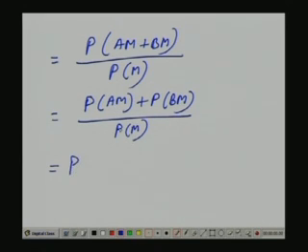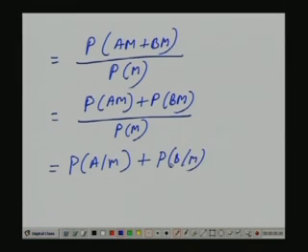That is, by our definition of conditional probability, nothing but P(A|M), and what is P(B ∩ M) by P(M)? Similarly, P(B|M). So, again axiom number 3 is satisfied. So, this is indeed a probability, a notion of probability, which is called conditional probability. We now can consider some examples to have some further insight about this.